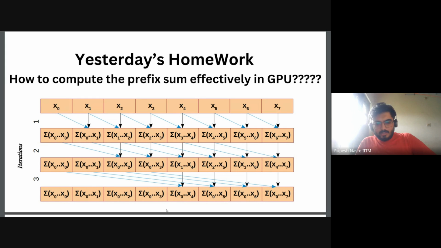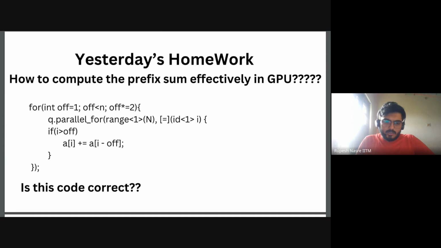In the third iteration we are taking greater than or equal to 4, because these elements will be completely done. This is what I have implemented. I have taken the array as one-based indexing, that's why it is I greater than offset. If you consider the array as zero-based indexing, it should be I greater than or equal to offset. So now what do you think, is this code correct?